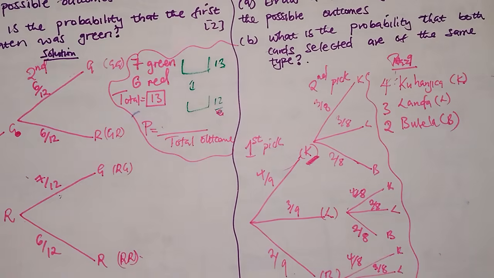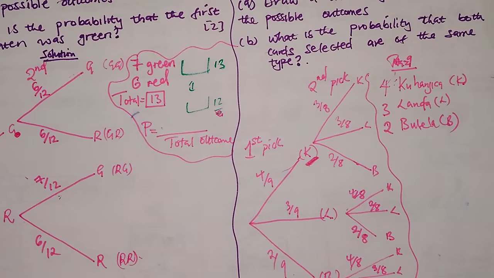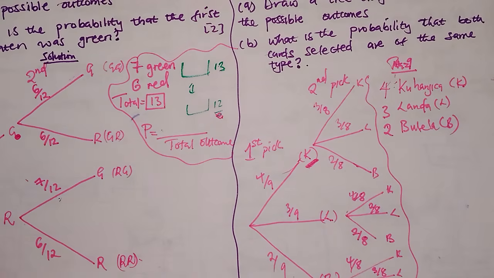So now, moving on to the final question. The final question was saying, what is the probability that the first apple eaten was green? So this question was simple. I don't know why they brought it like this.